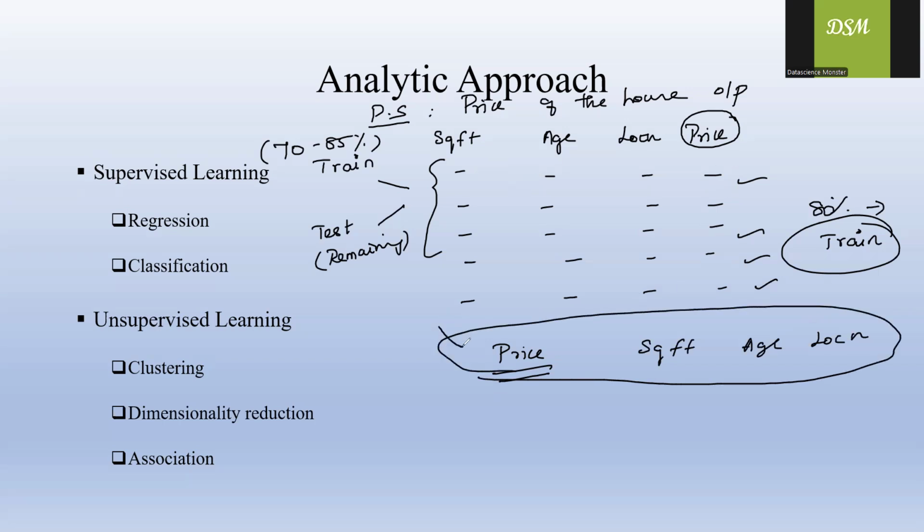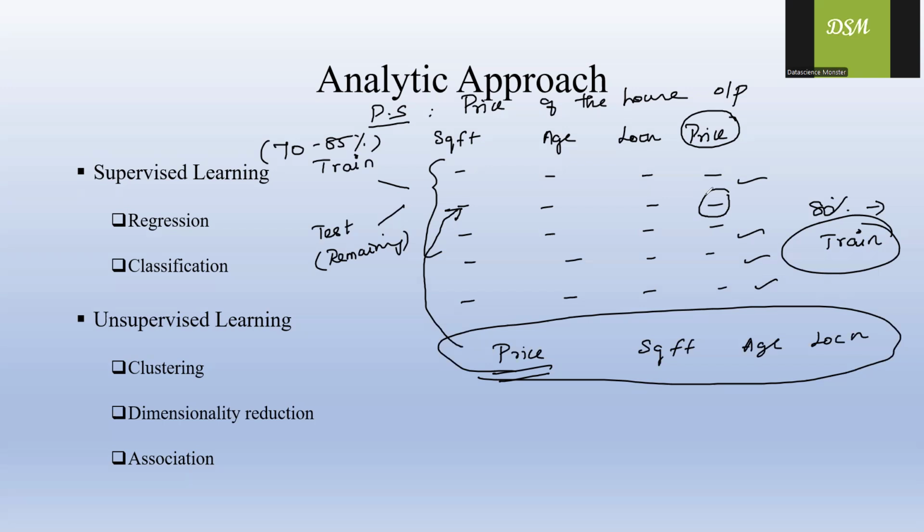Then we will be testing it on the test data, which is the 20% of the data set. And it would be checking with the price that is already existing in the data. So in case the result is close enough, we can say that the model is a good model.